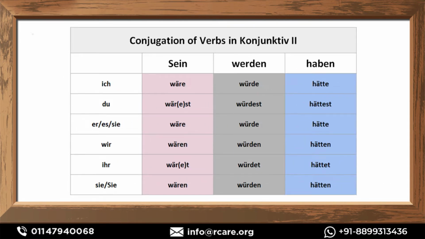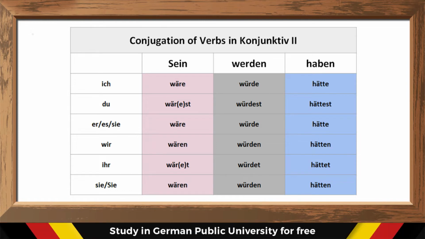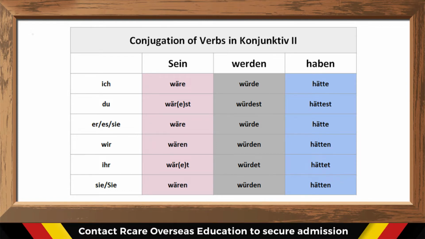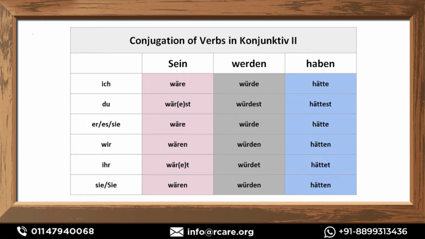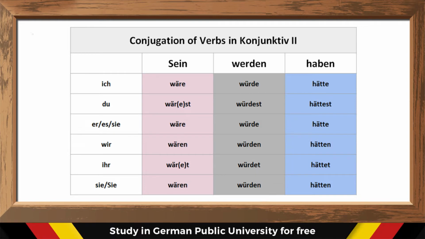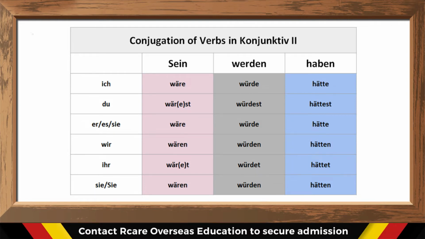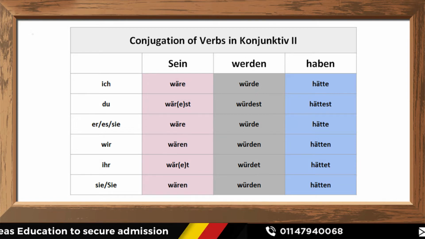First of all, we learn the conjugation of the verbs in Konjunktiv II form, and these verbs are sein, werden and haben. As we have already learned these verbs in present and past tense, it will be easier for you. So sein is converted into wären.